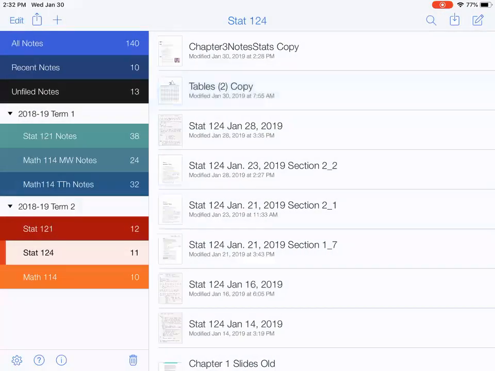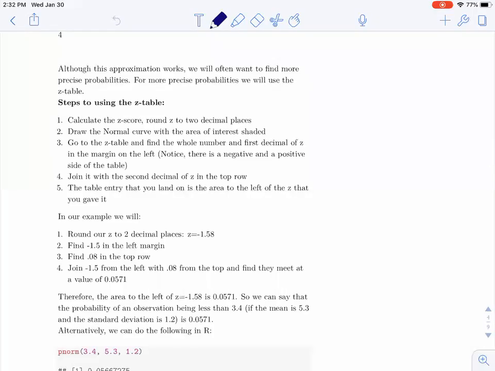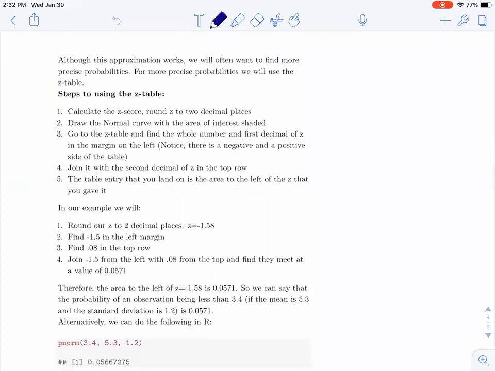So we'll come back to that one, but I just wanted to make a note here, because I have it there. Calculate the z-score. That's your first step to finding these probabilities: we have to find a z-score first. And then we're going to round z to 2 decimal places, and that's just because it has to match the z-table.